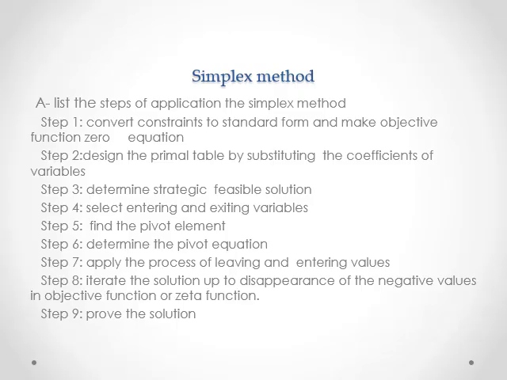Determine the main equation, pivot equation. Apply the process of leaving and entering values. Iterate the solution up to disappearance of the negative values in objective function or zeta function. Prove the solution.